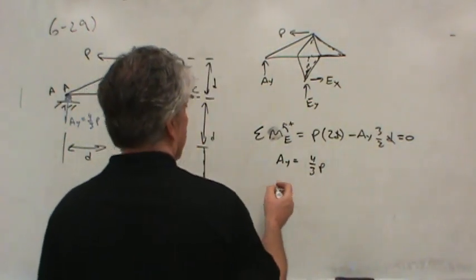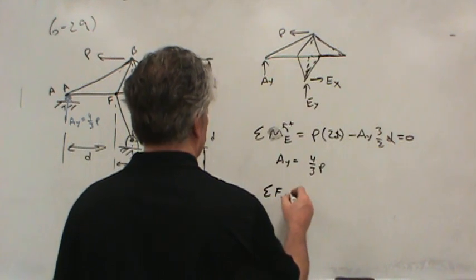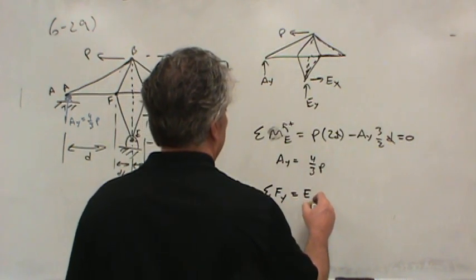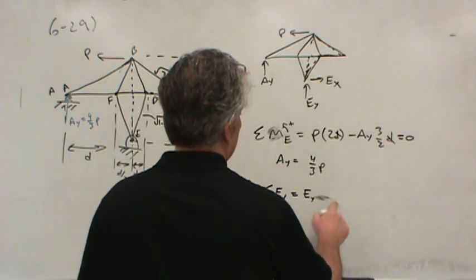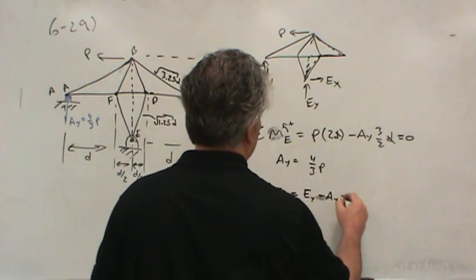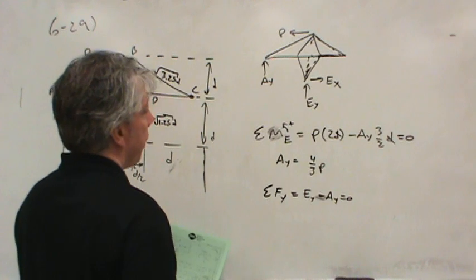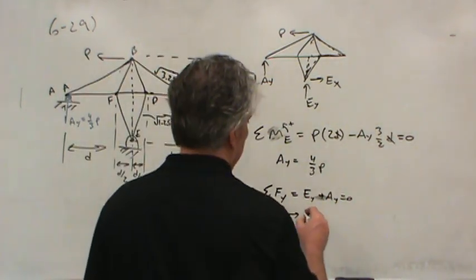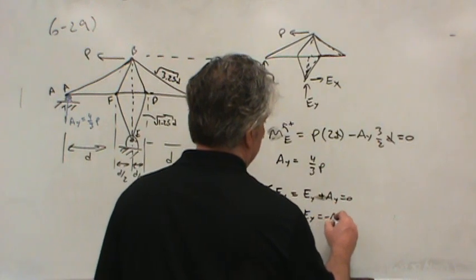Now, if we sum forces in the vertical direction, we get that EY minus AY equals 0. Oh, I'm sorry, plus AY equals 0, excuse me. So what this tells us is that EY is the negative of AY.